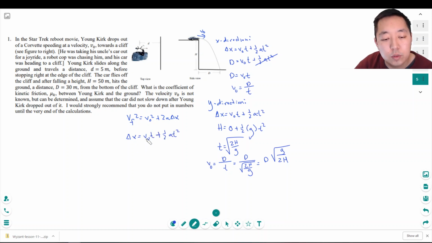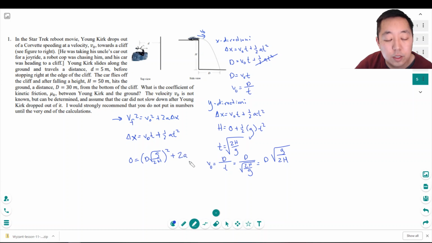The thing is, I don't really know what time he took to slide, and I don't really need to know that. So I'm going to use this equation. vf is his final velocity. He had to have stopped, otherwise he would have fallen off the cliff. v0 squared is this part, d root g over 2h, because it's how fast the car was going.